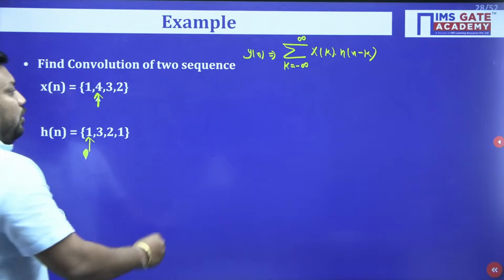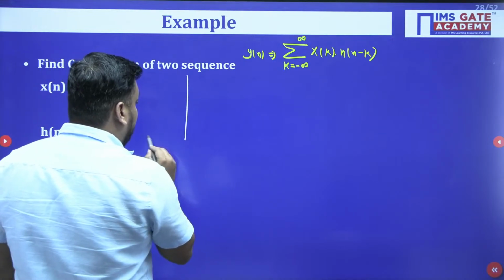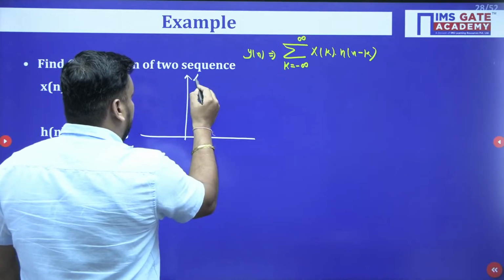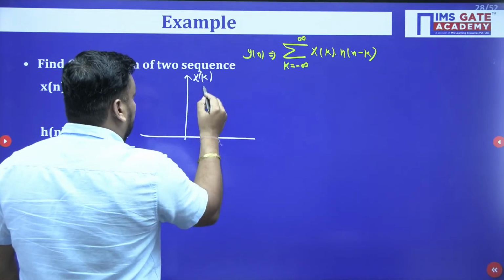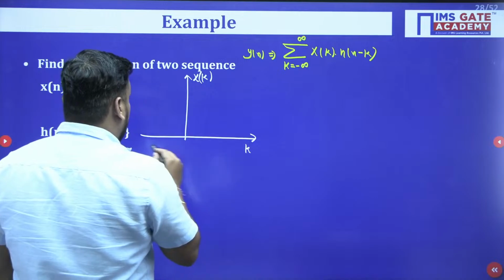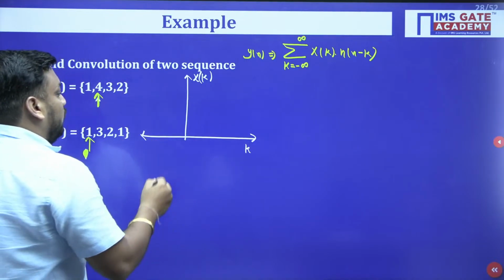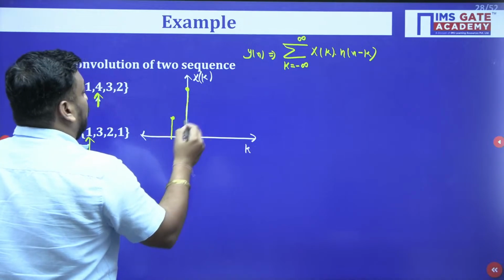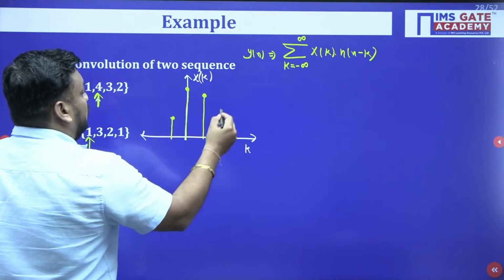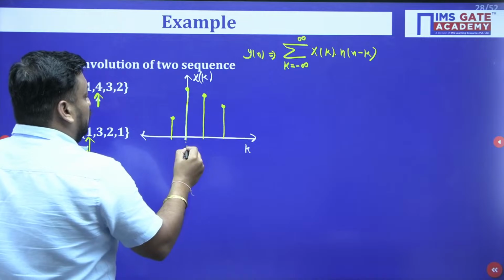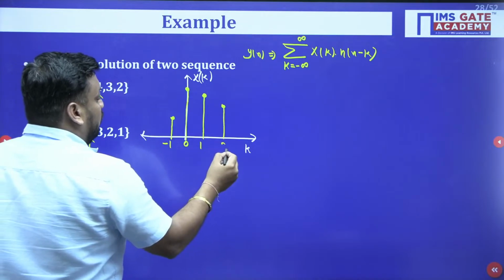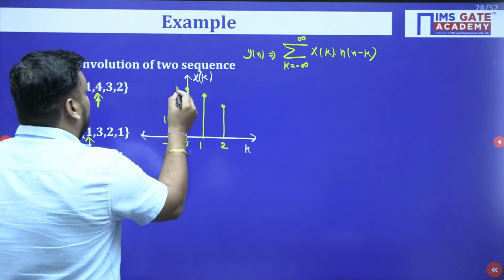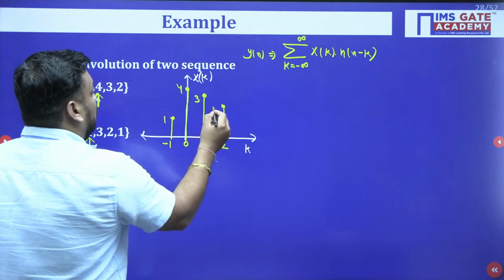So if I draw x[k] with respect to k, what will I get? I will get the values 1, 4, 3, 2 at positions minus 1, 0, 1, 2.